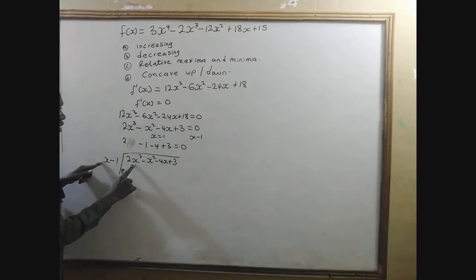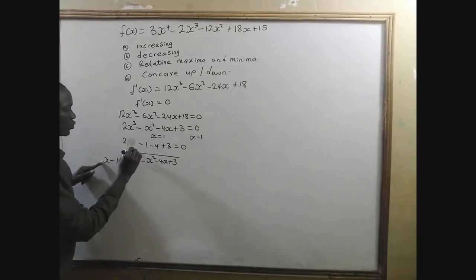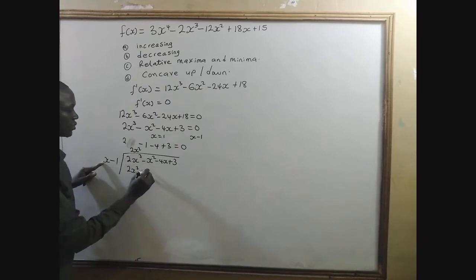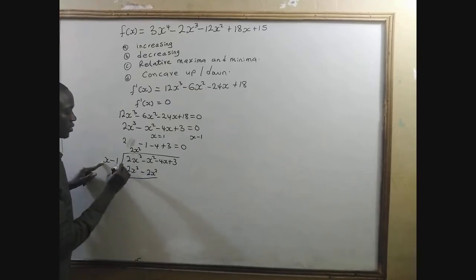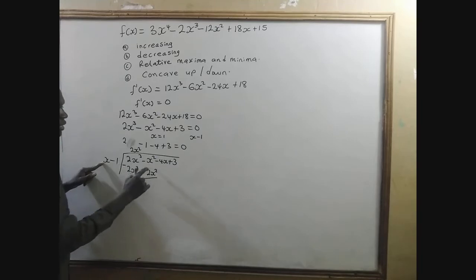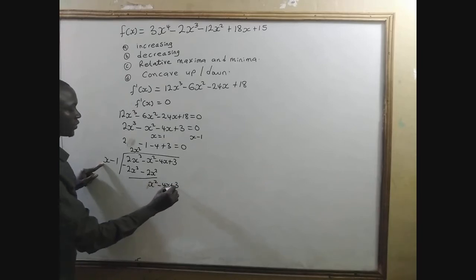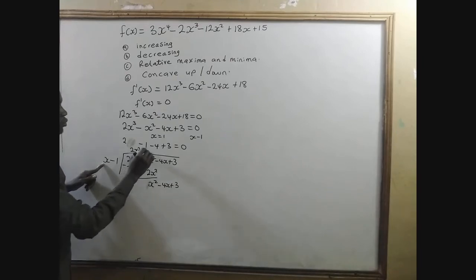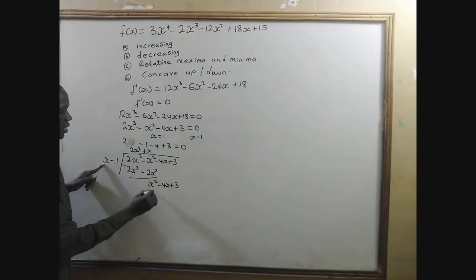So x will go into 2x cubed, 2x squared. x times this will give us 2x cubed, negative 1 times 2x squared will give negative 2x squared. If we subtract this, we get positive x squared minus 4x plus 3. x will go into this positive x. x times x will give us x squared.